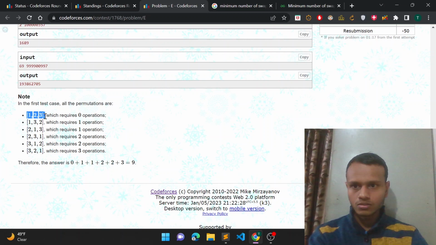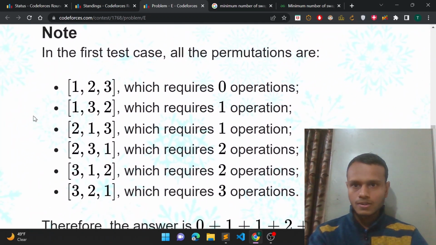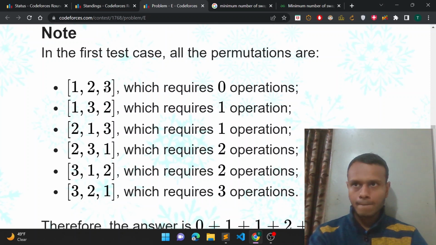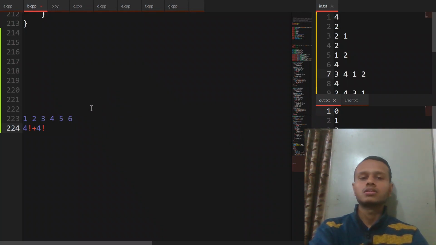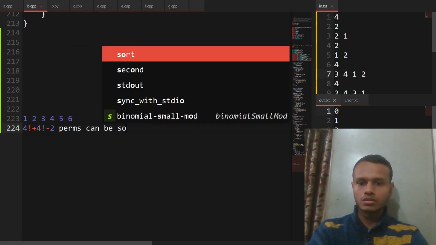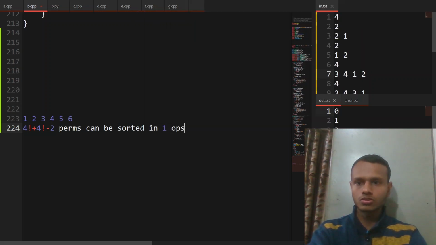For this thing, it was factorial 1 plus factorial... No. Because 1 is already sorted. So factorial 2 minus 1 plus factorial 2 minus 1. Yeah. So this minus 2 perms can be sorted in one operation.